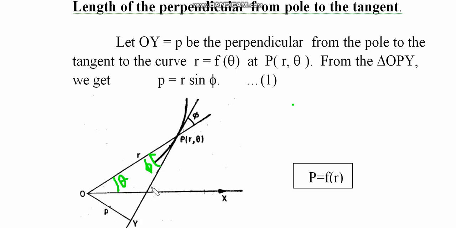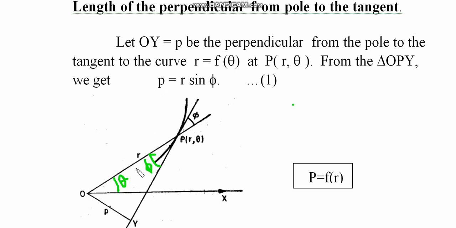In the right angle triangle OYP, the angle between the radius vector and the tangent is this angle phi. Therefore sin phi is equal to opposite side by hypotenuse, that is p divided by r. Therefore we write p as r sin phi.